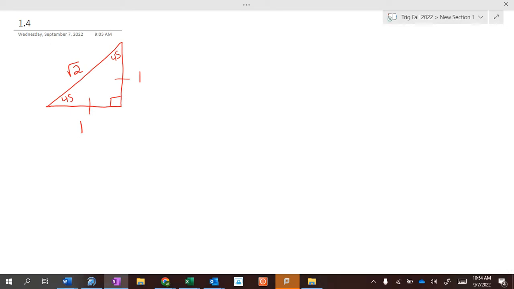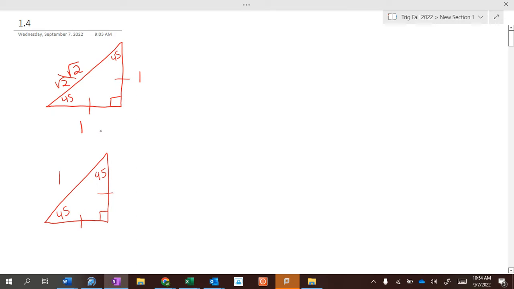Okay? Now, let's say I want my hypotenuse to be 1 of a 45, 45, 90 triangle. If I want my hypotenuse to be 1, what happens to the two legs? If I divide this by the square root of 2 to get down to 1, what do I have to do to the two legs?